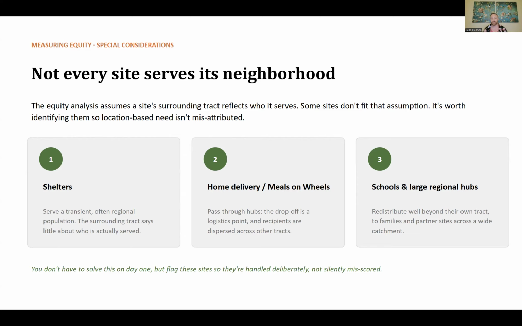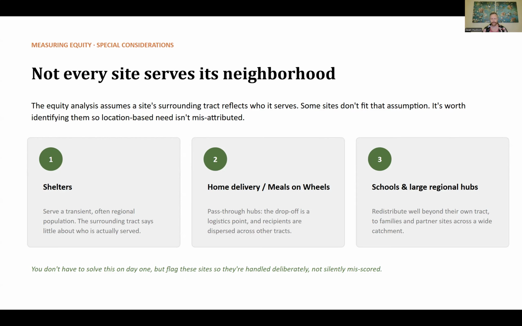Home delivery and Meals on Wheels programs, those generally are bringing food to a hub that doesn't necessarily have anything to do with its distribution other than its centrality. So they will send food relatively close to where they are, but they are not explicitly serving just the census tract that they're in, or the zip code, or even necessarily the county, right? So that's a thing to think about.